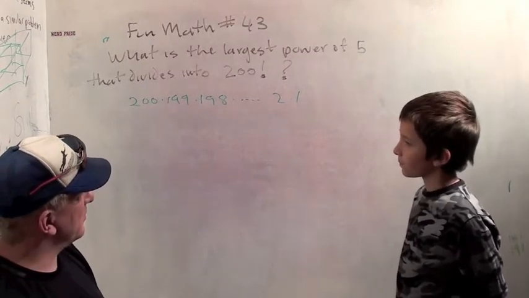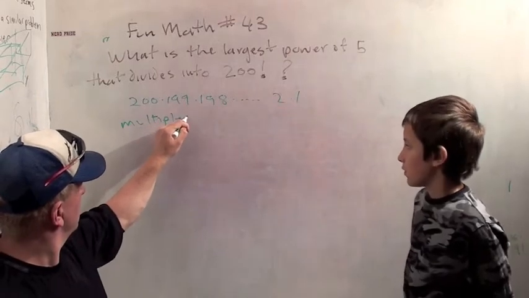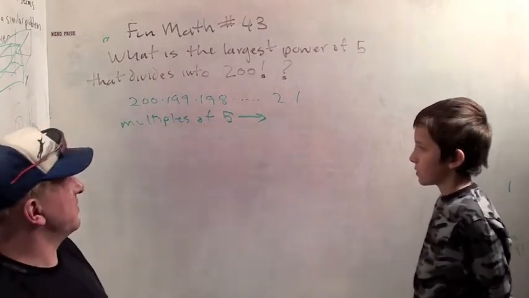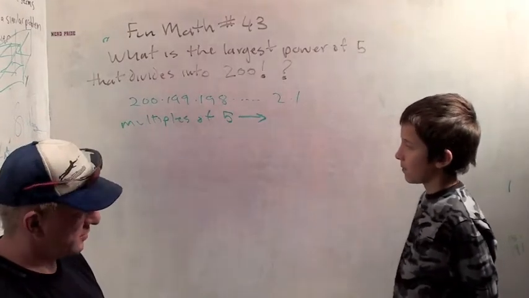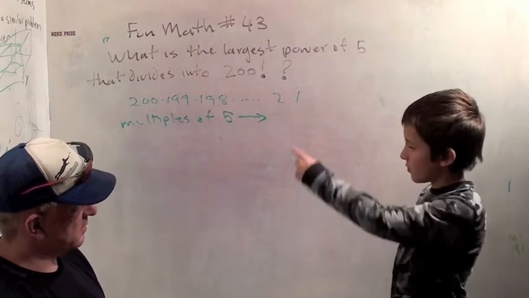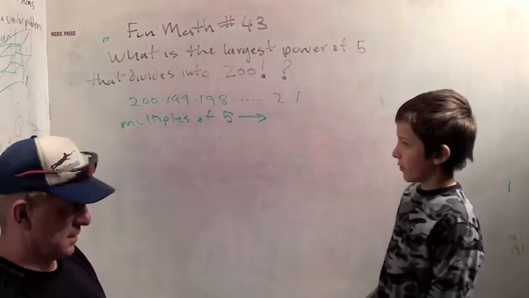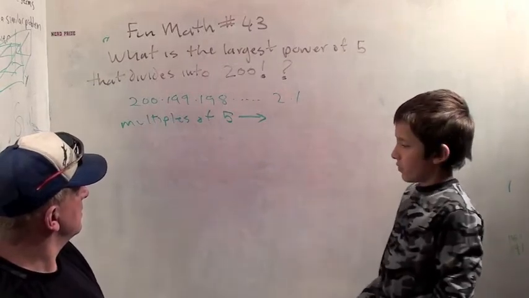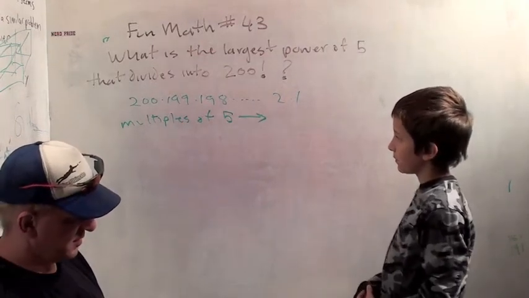So how many multiples of 5 are we going to have when we multiply all these numbers together from 1 to 200? 200 is a multiple of 5. It's every 5th number, so we have to divide all these 200 numbers by 5 to figure out how many there are.